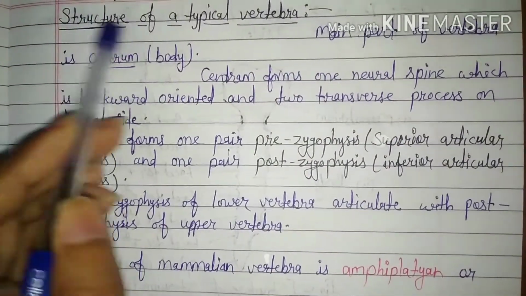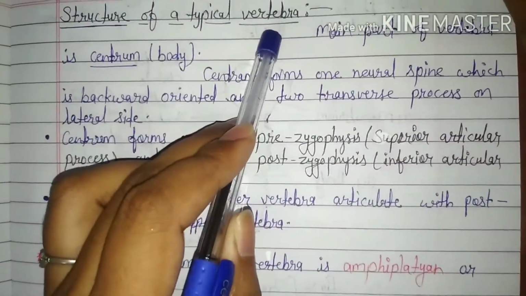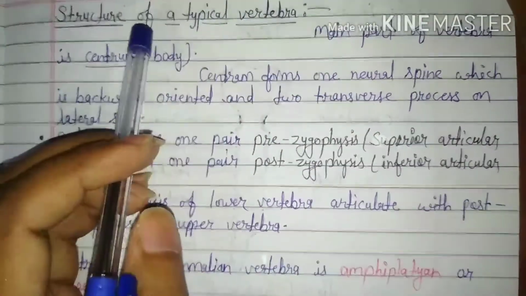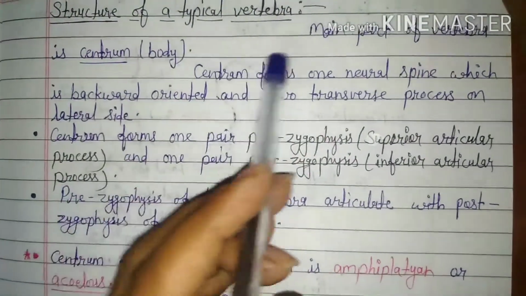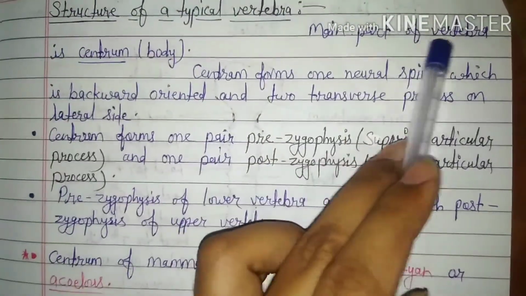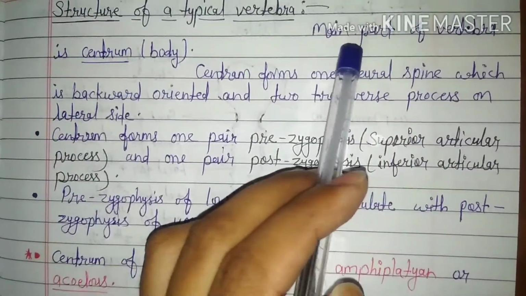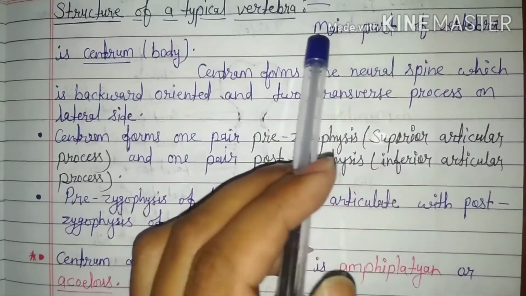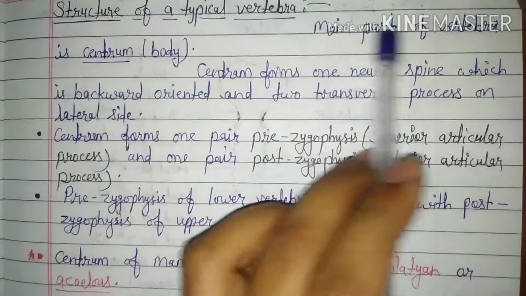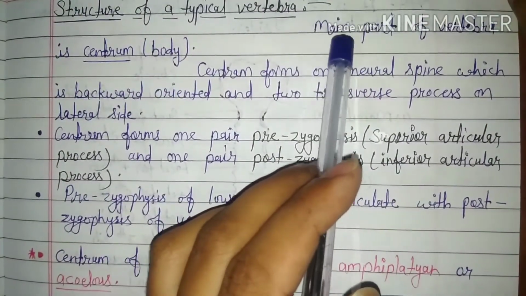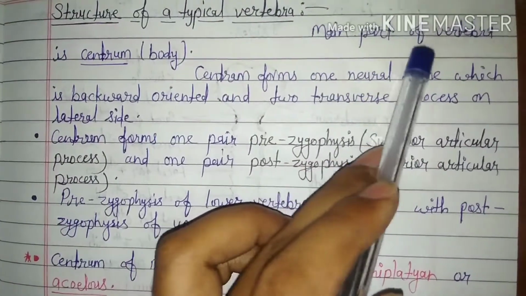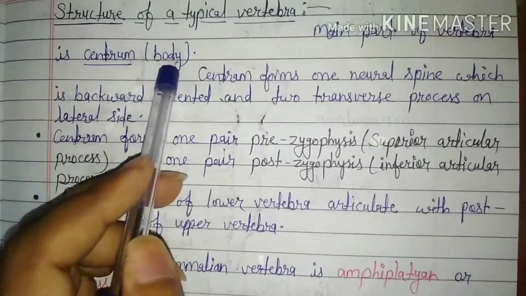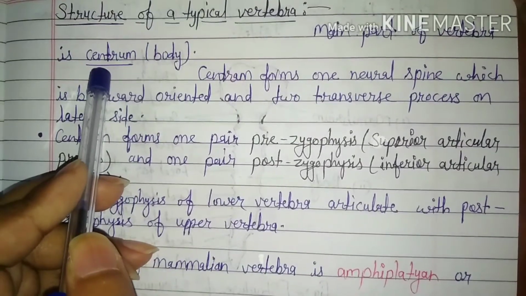Now, the structure of a typical vertebra. एक सिंगल वर्टिब्रे की स्ट्रक्चर देखेंगे. The main part of a vertebra - a single one is called vertebra and the plural form is vertebrae, which make the vertebral column. So, the main part of a vertebra is called the body or centrum.